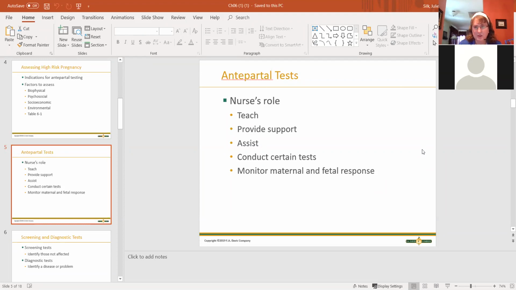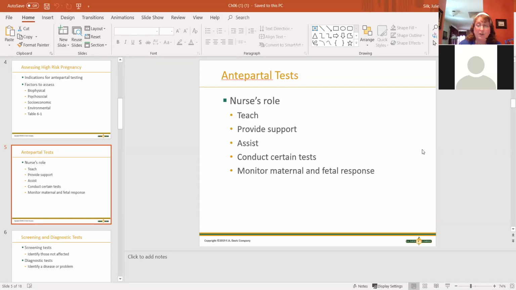But our biggest concern during these tests is we're going to monitor the mother and the baby's response to the test. So we're going to document this in our chart. And then if there's anything that's abnormal, we definitely want to report these results to the provider. Another thing that we'll do is help schedule appropriate follow-up.